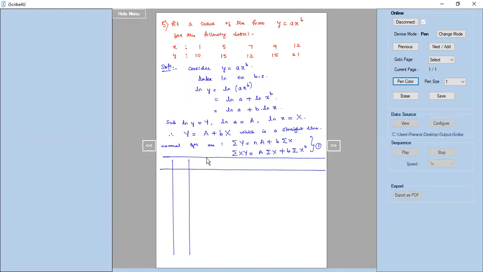So we need to frame columns for those two also, which is a new thing here, which we do in the power form of the problems only. This is for log x is equal to capital X, and this is for log y is equal to capital Y. Followed by, we have two more columns, X into Y and X square.